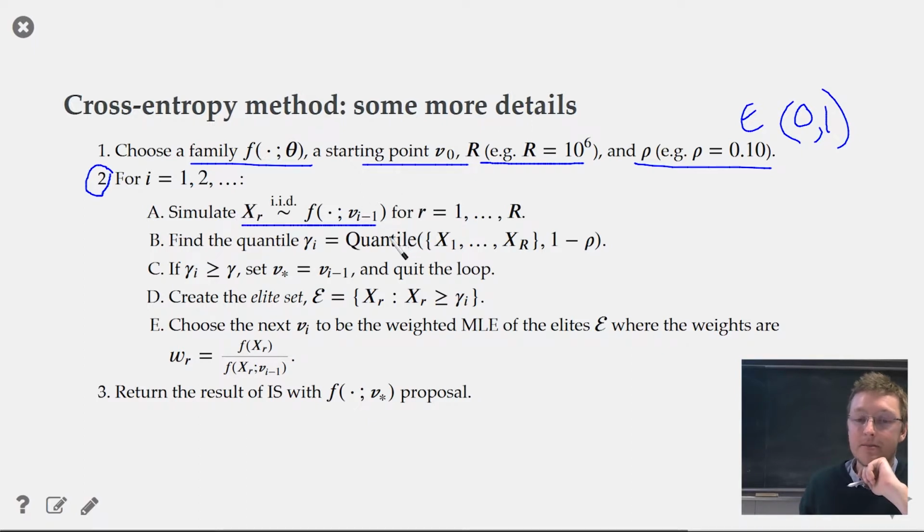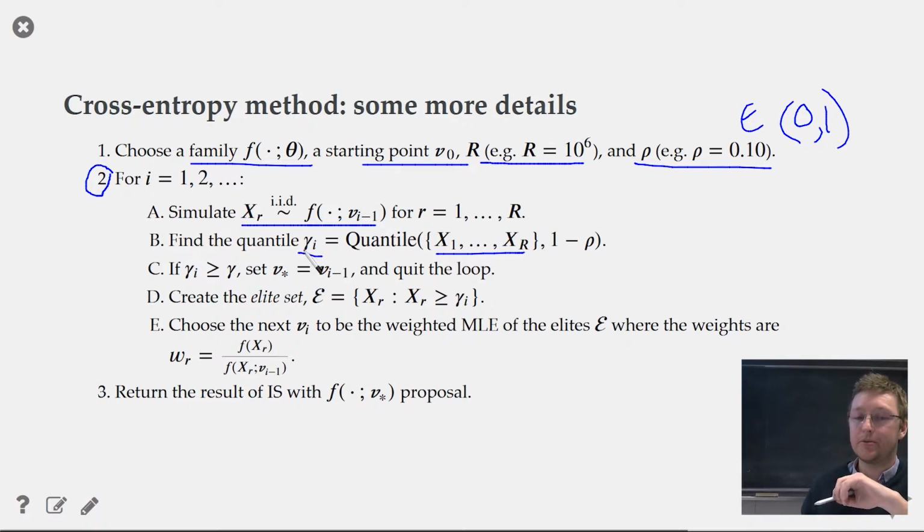Once you have capital R of them, you line them up in order from smallest to largest, and you take a chunk from the top. So if you chose rho to be 10%, then you look at the point where only 10% of the x's are above, so the 90% quantile, effectively.